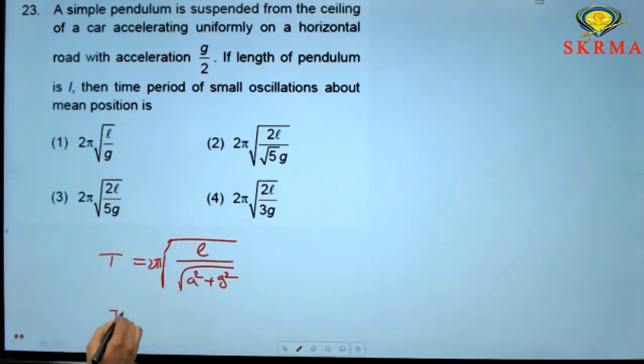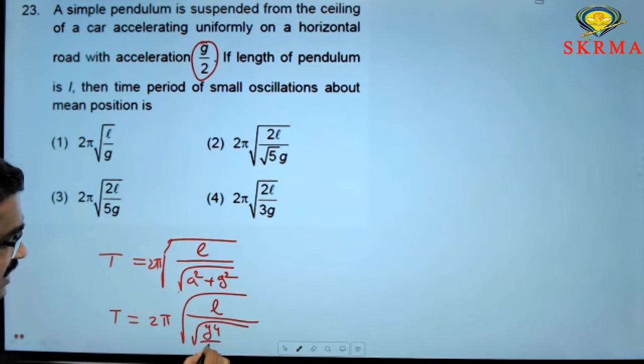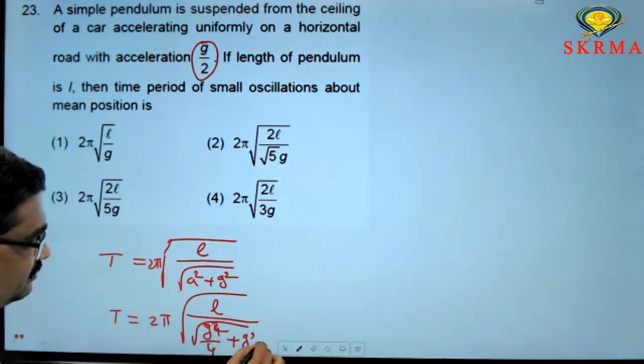Now substitute the a value. So 2 pi square root L by square root a square. Acceleration is how much? g by 2. So g square by 4 plus g square.